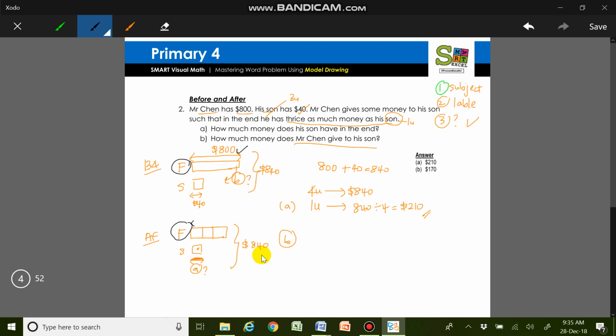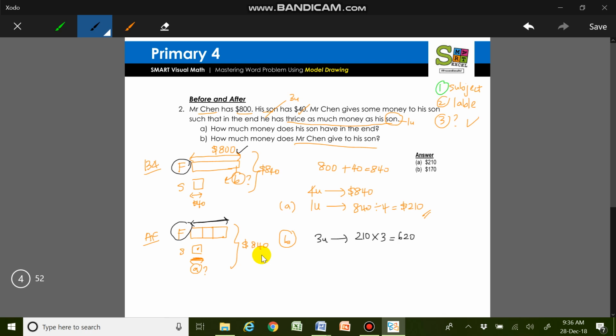We already know the father at first. We need to find out the father in the end. We don't know, but we can find out. The father in the end is 3 units, so 3 units will be 210 times 3, which gives us 630.